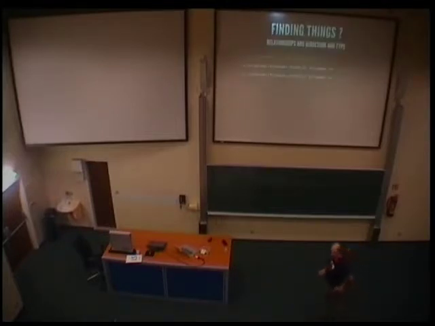Okay, question. How do we find things in a graph database? One way of doing that is to simply traverse relationships. So here we traverse from the node A. We say we want to go along outgoing relationships, and we tell which type of relationship. This returns, in the Java library, an iterator.